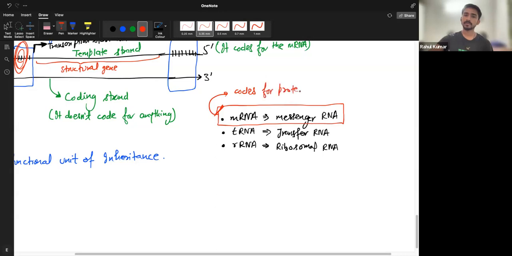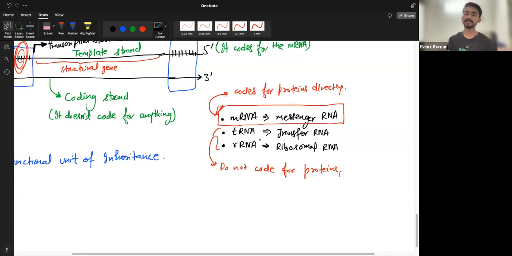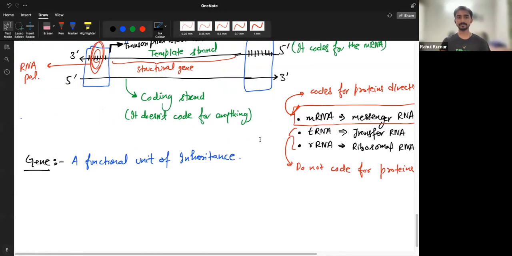Others do not code for proteins. But all these three kinds of RNAs are produced or manufactured in the same manner through transcription.